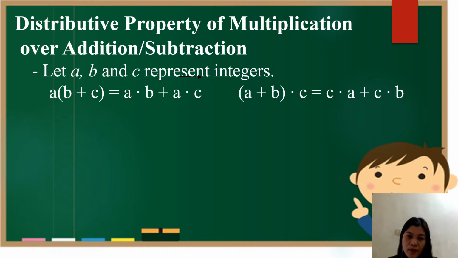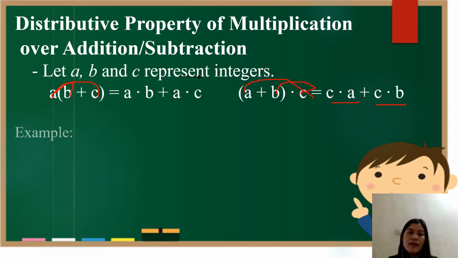Look at this one. We multiply, that's one, A to B, A times B, then A to C. So the same here, we have C times A and C times B. So the same answer.